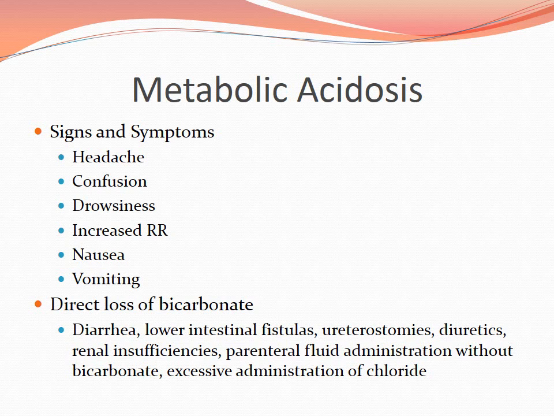And usually, I have this reversed, I'm sorry, but usually when we have a loss of bicarb, it's diarrhea, if we're having too much output, or if the patient is NPO and on parenteral fluids and not getting enough sodium bicarb, or if we're giving too much chloride in our TPN, it can alter that. A lot of times, signs and symptoms include headache, confusion, drowsiness, increased respiratory rate, nausea, and vomiting. Okay.